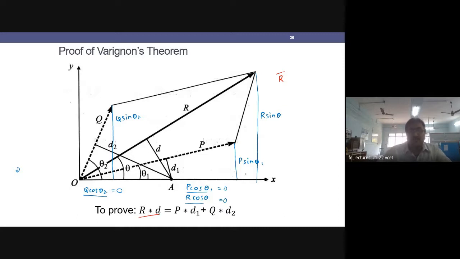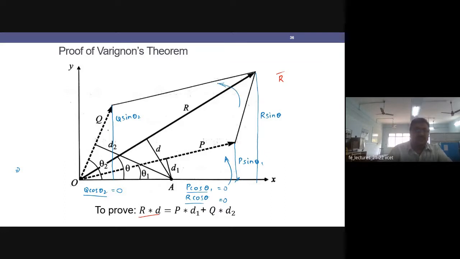Now the sine component, that is my height, so it will have some horizontal distance here, right? So about O, the sine component has a rotational effect. The R sine theta also has a rotational effect.